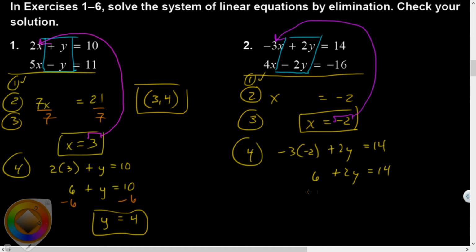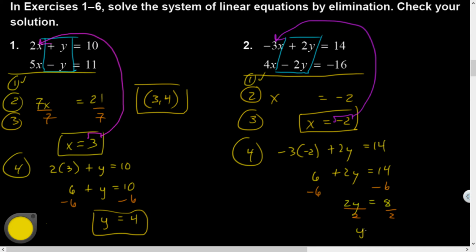Subtract the 6 from both sides. Fortunately, they've been giving us problems with nice answers. But both substitution and elimination method will work wonderfully, even if I have crazy fractions or radicals. It'll still work. It'll give you accurate solutions every time. Y equals 4, right? So the solution here is negative 2 comma 4.